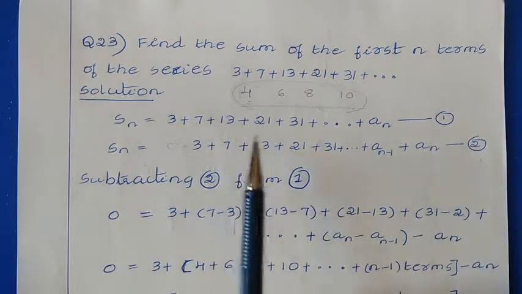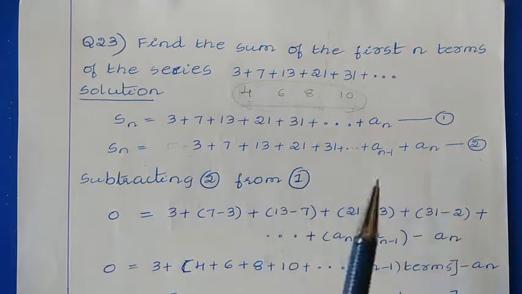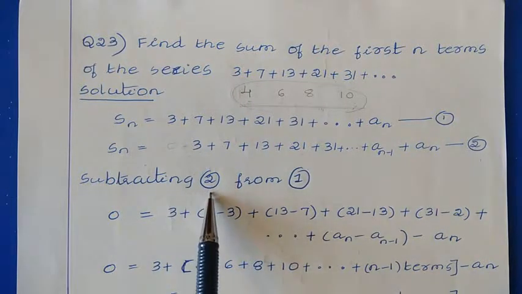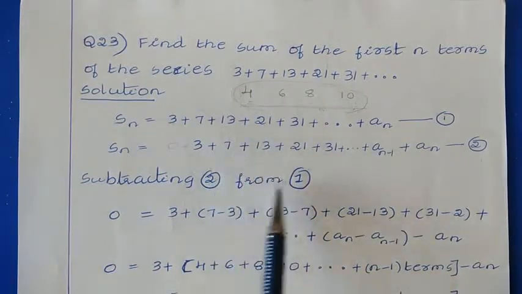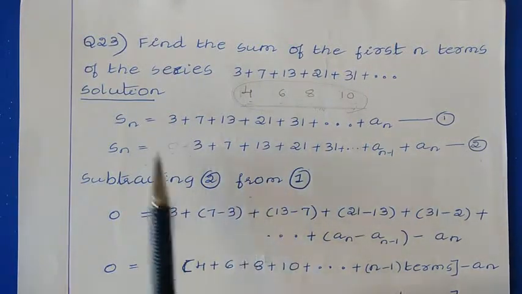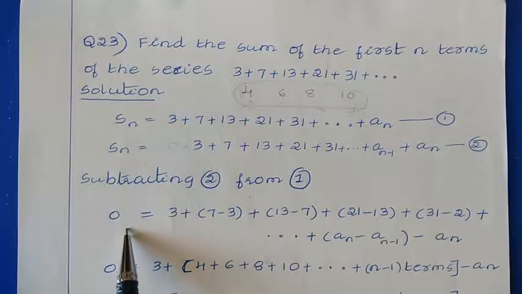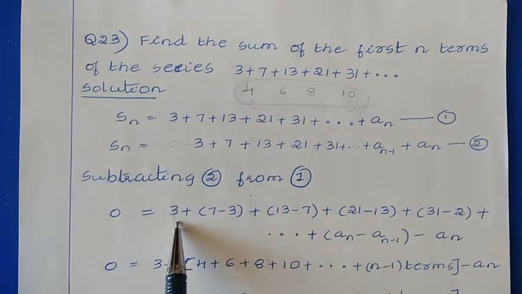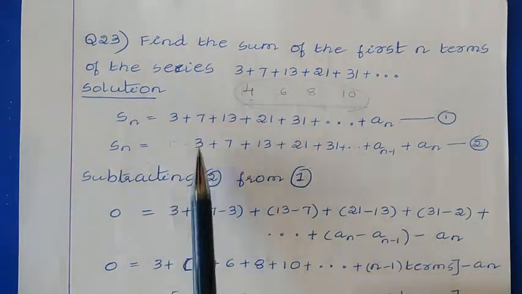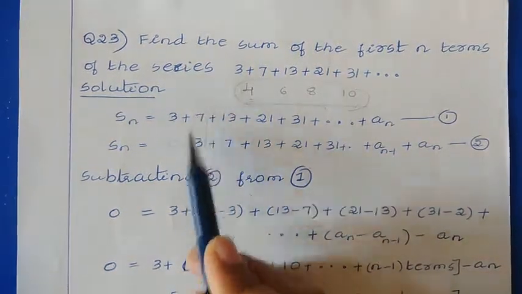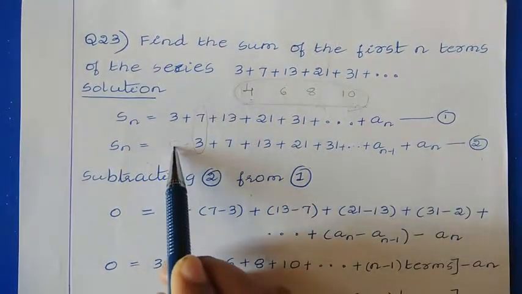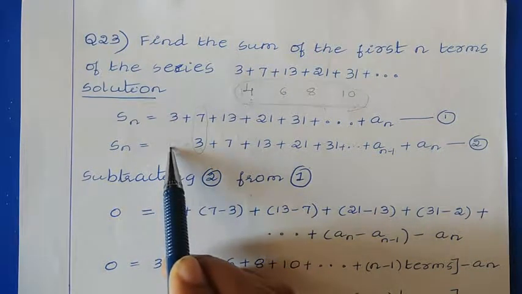Now here we will use the difference method. That means I am subtracting equation 2 from equation 1. When I subtract equation 2 from equation 1, I get Sn minus Sn, that is 0. Then 3 minus 0, that is 3 only. Then 7 minus 3. We are subtracting the corresponding values. That is the reason that, instead of writing this 3 here, I have taken 0.